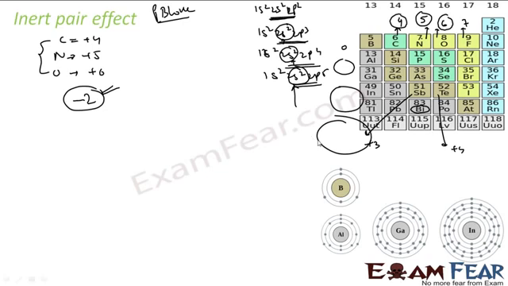Your charge is increasing a lot. So as you go down the group, the charge increases a lot, size increases, but the charge increases more. The increase in the nuclear charge is much more than the corresponding increase in size, right? Charge increases a lot, size increases okay, you can say.